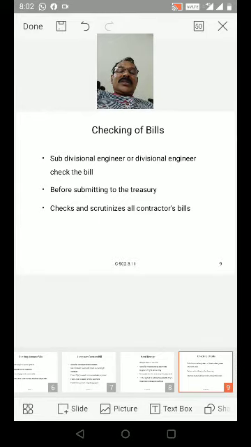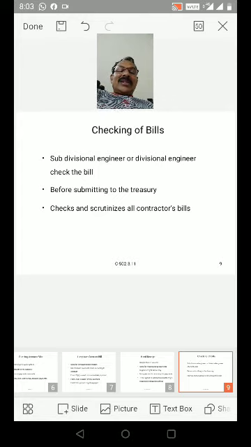Each circle is headed by a superintendent engineer. That superintendent engineer is responsible to the chief engineer, because his immediate boss is the chief engineer.